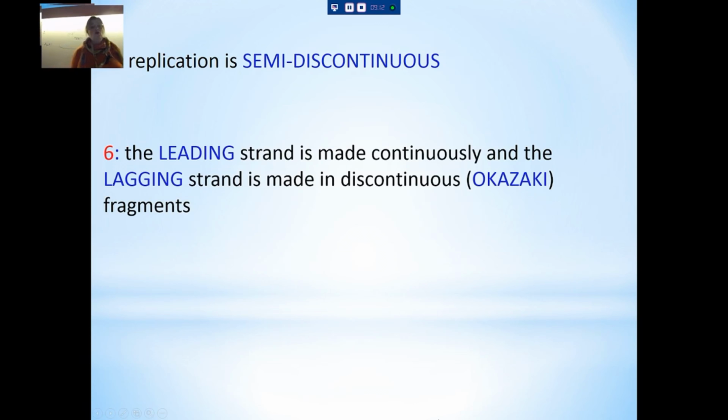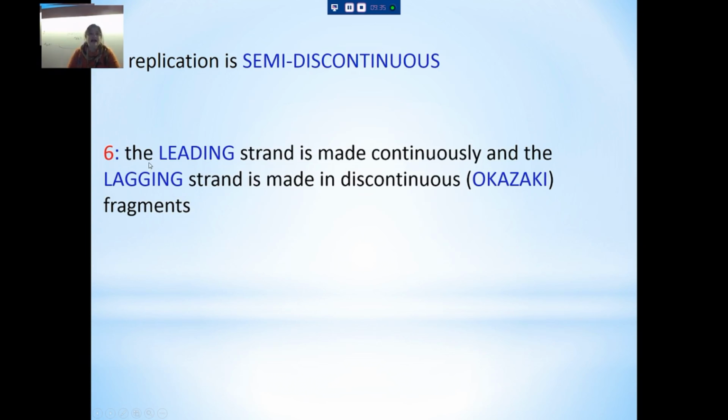So when DNA replicase is running in this direction, it makes one leading strand and one lagging strand. It reads the leading strand and the lagging strand.